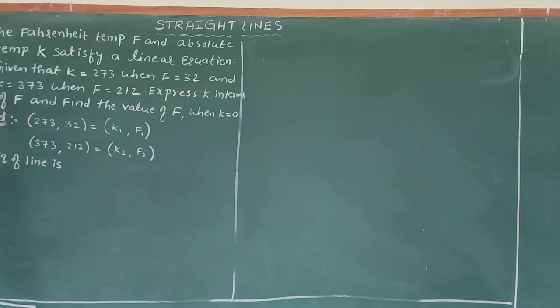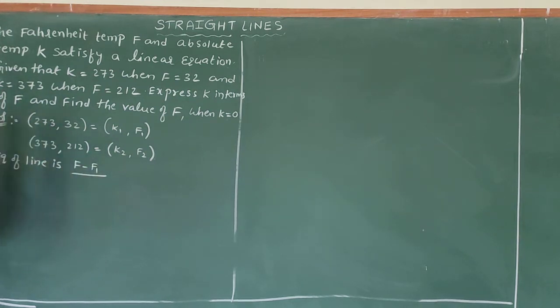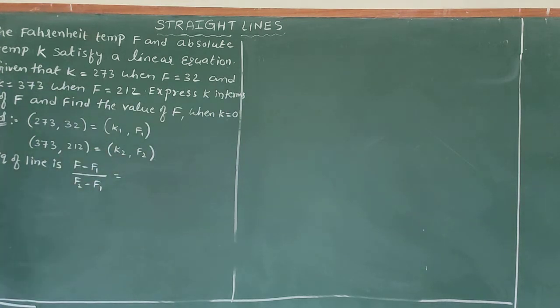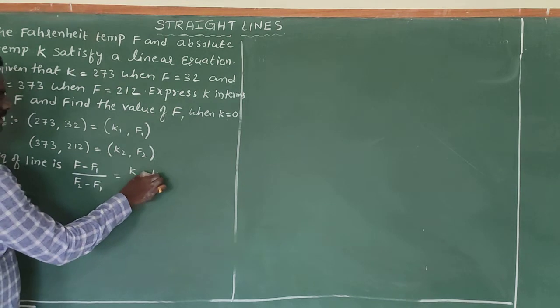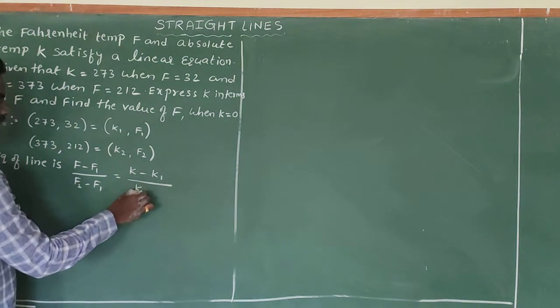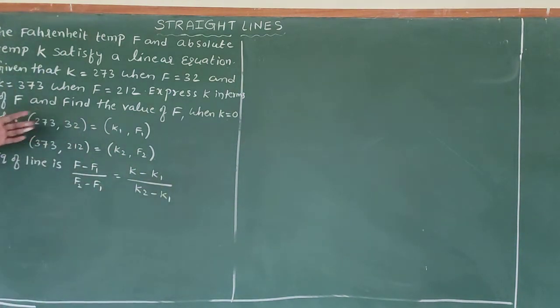F minus F1 by F2 minus F1 equals K minus K1 by K2 minus K1. Okay. Now substitute.